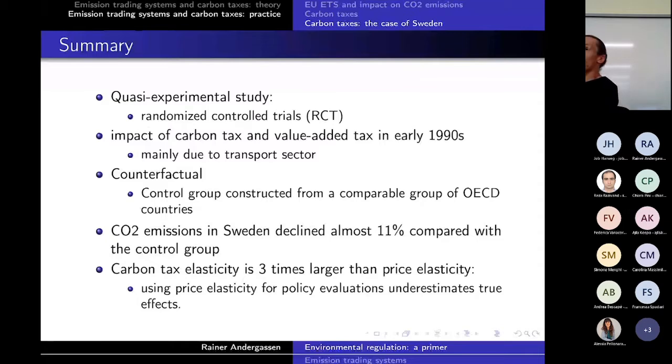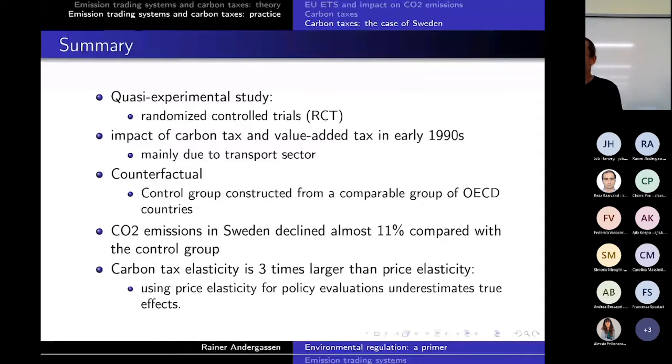So this is a general overview, and then I'm going into a little bit of the details. If you are interested in all the nuances, I invite you to read the paper. I'm going here just to give you a flavor of what's done in the paper, the results, and how to carry out research.